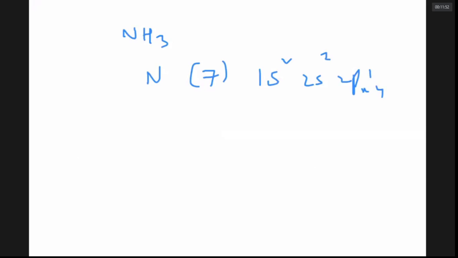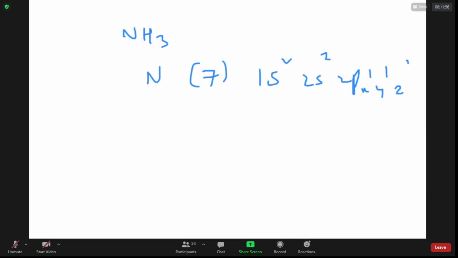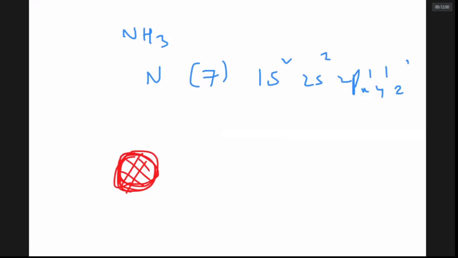Now let us look at the formation of ammonia. Nitrogen is the central atom whose configuration is 1s2, 2s2, 2px1, 2py1, 2pz1. This is 2s2, it is having 2 electrons not involved in bonding.